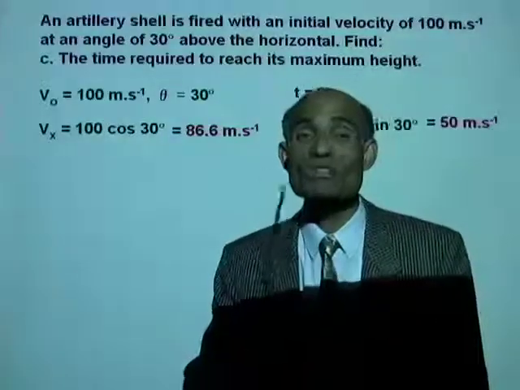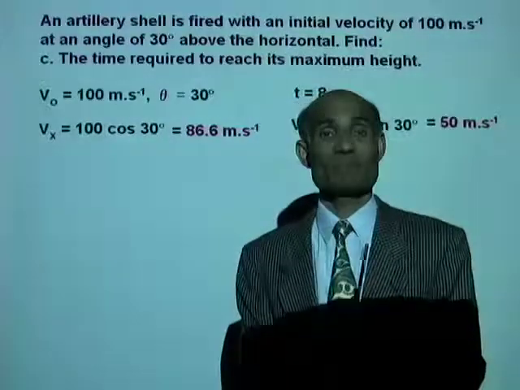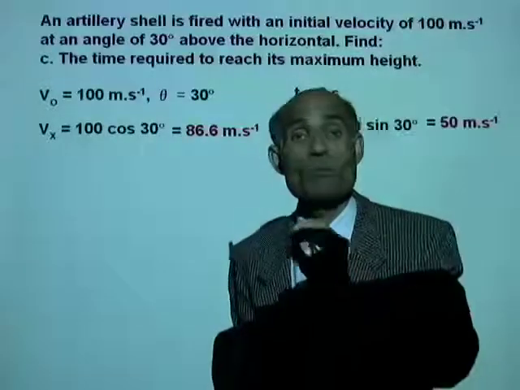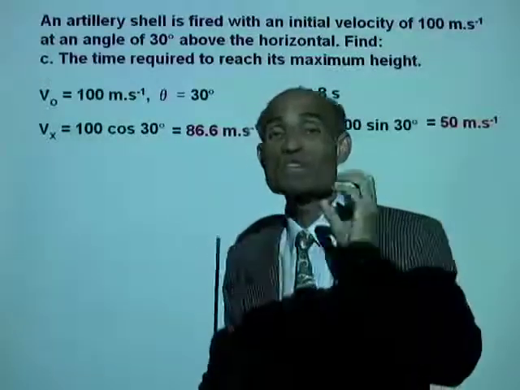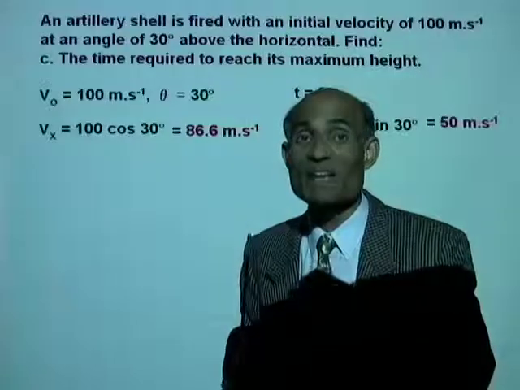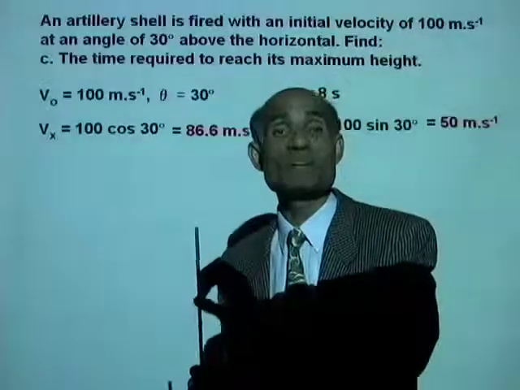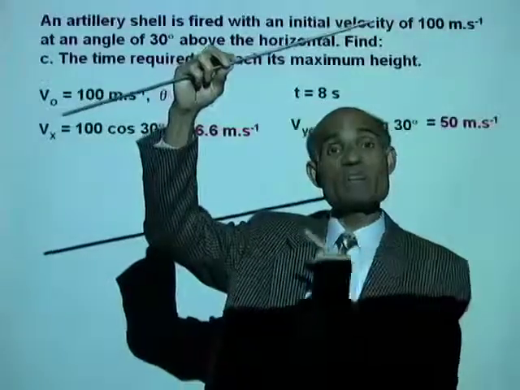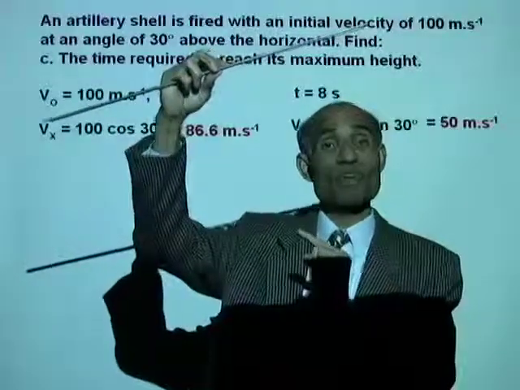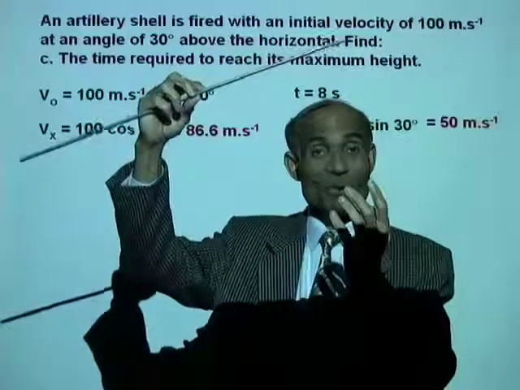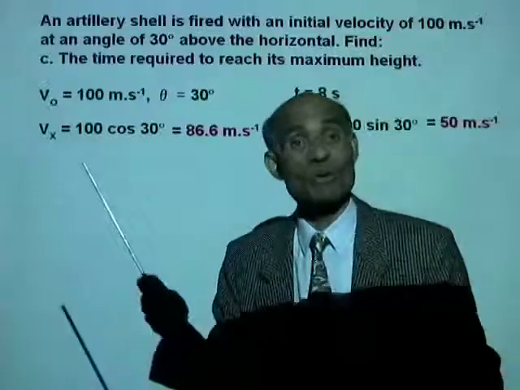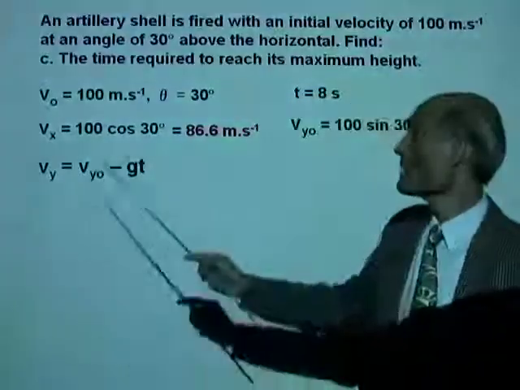What is the equation for the vertical velocity? Vy equal to Vy0 minus gt, which is v0 sine theta minus gt. And at the maximum height, what will be the value of that vertical velocity? Will be 0. So we set that equal to 0 and solve for t. That's all we need to do.